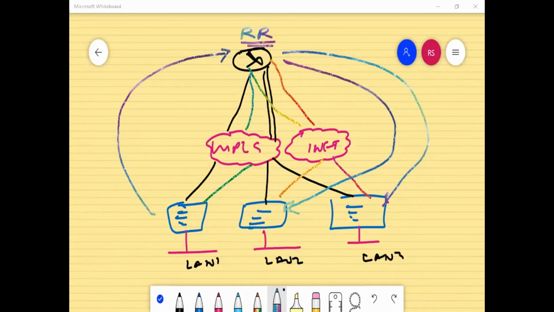Basically, it breaks up the iBGP full mesh and maintains the relationship between these clients. It acts as a server, you have different clients connected to it, and it ensures a loop-free topology. That's true. So the RR will send the routes from one peer to another peer, right? Yes.